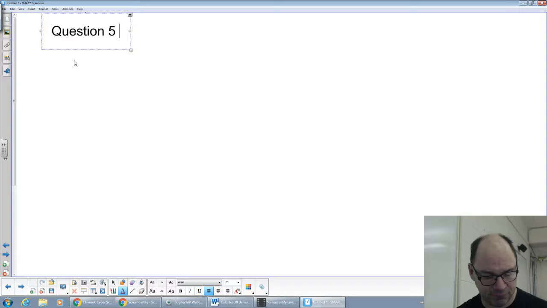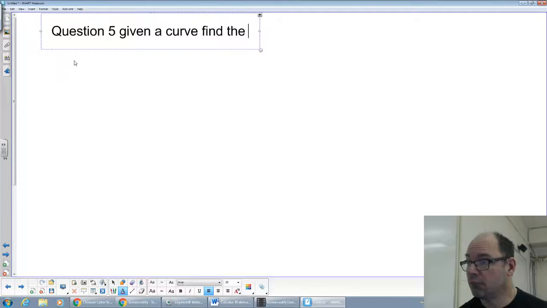Given a curve, find the equation of the tangent line at a point.